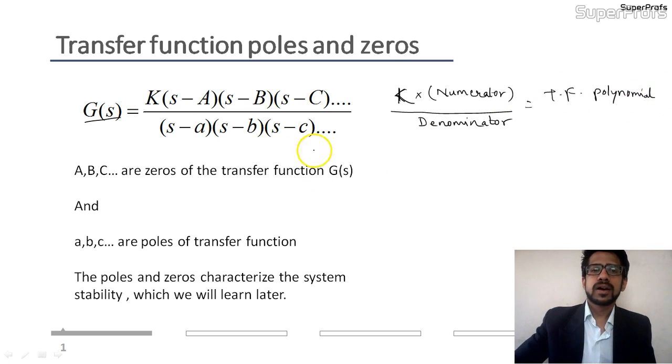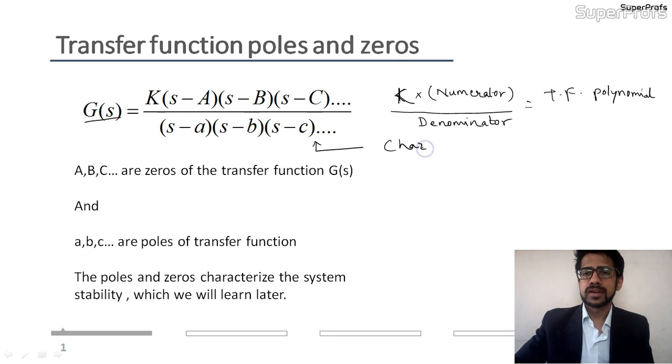Now the denominator of this transfer function is known as the characteristic equation.